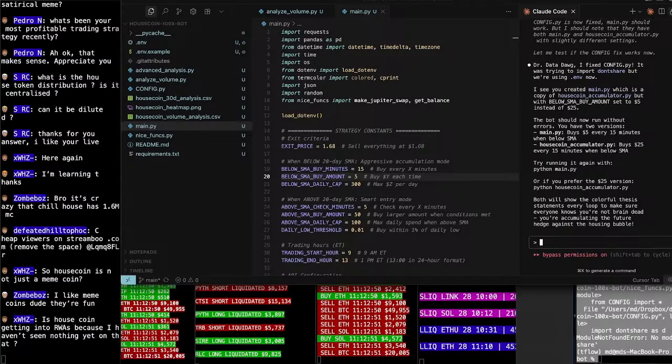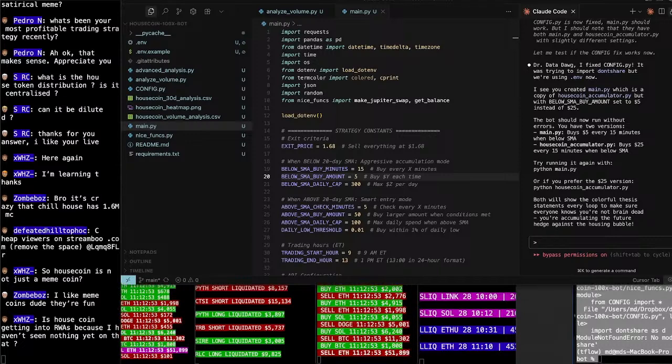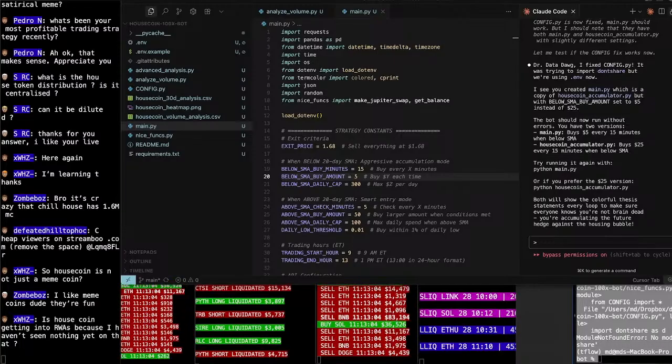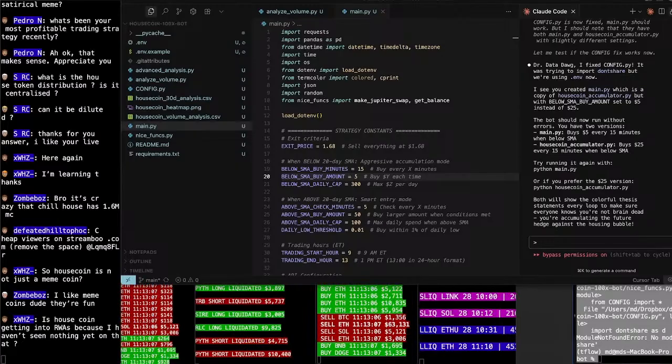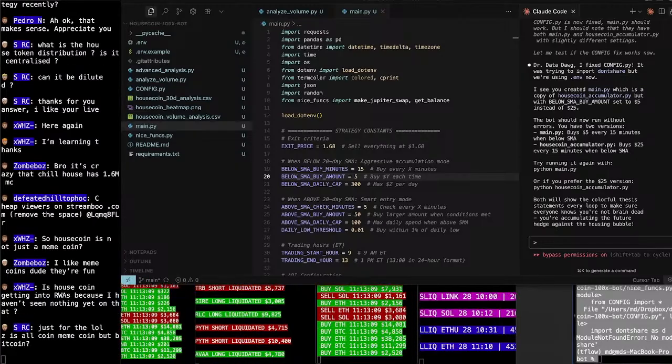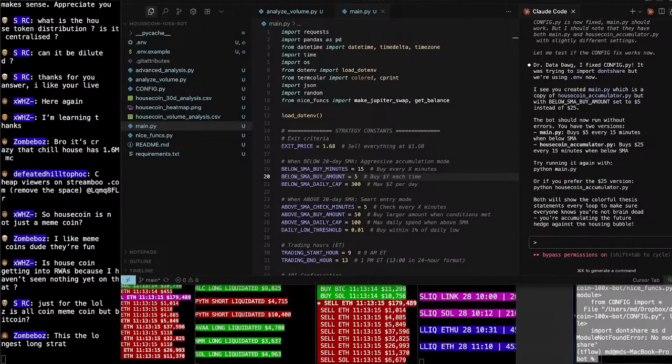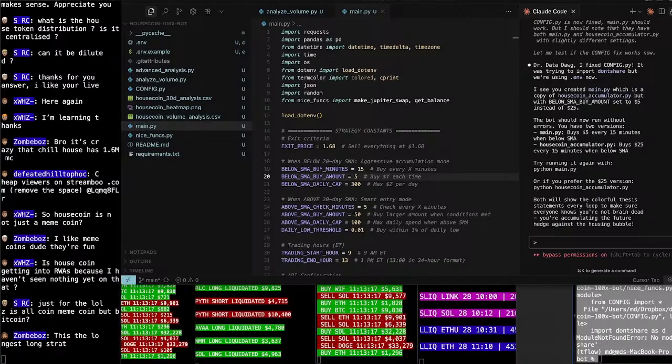Let's make sure that my Solana is all set up here. So I just need to send a little bit of Sol in.